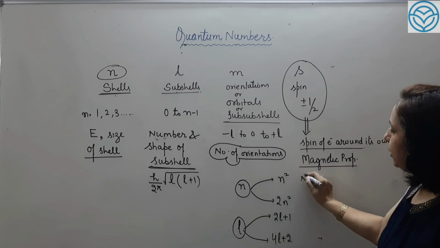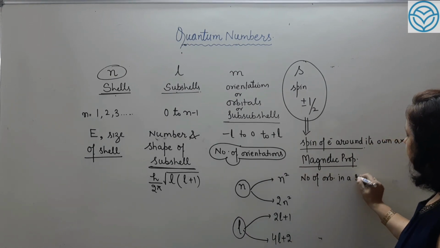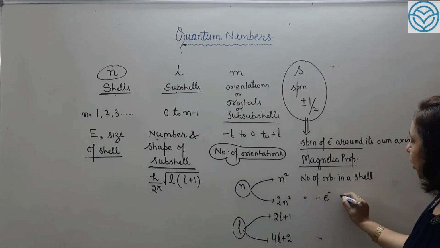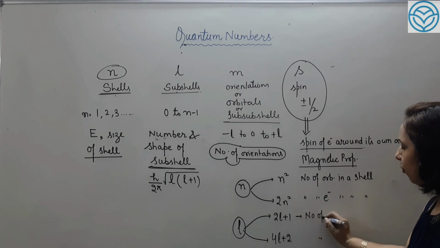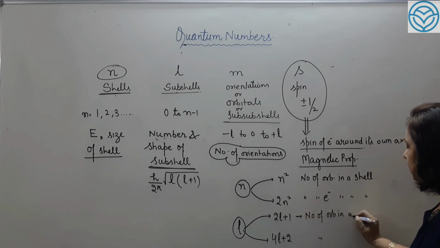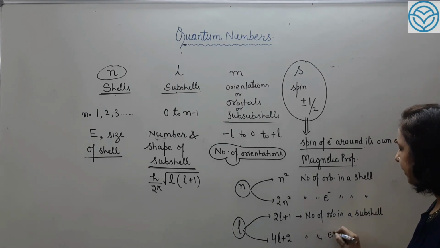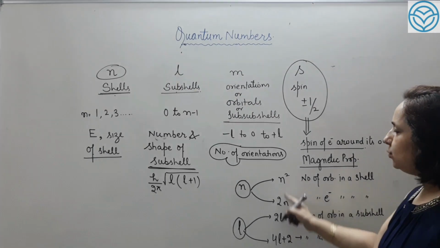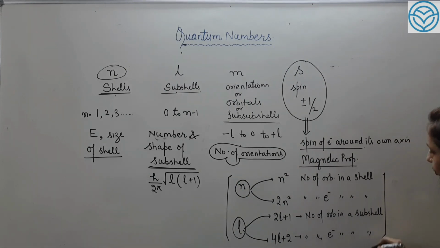This is the number of orbitals in a shell, and this is the number of electrons in a shell. Here we have again the number of orbitals in a subshell, and this is going to be the number of electrons in a subshell. These are the four formulas we must remember, very important.